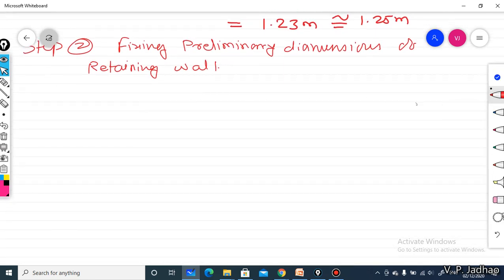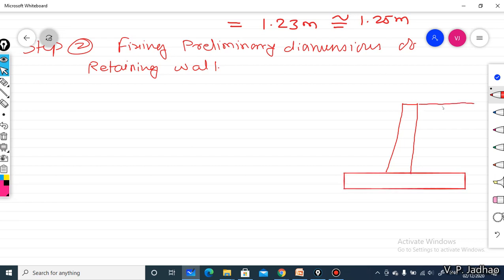If we have some retaining wall like this, this is our top of backfill material, this is our GL.